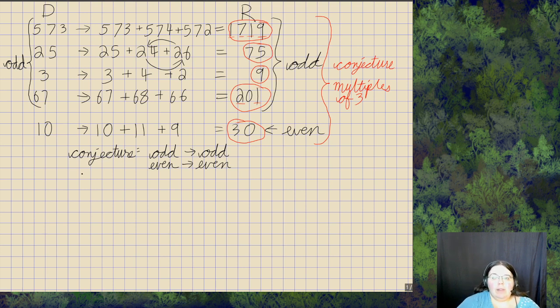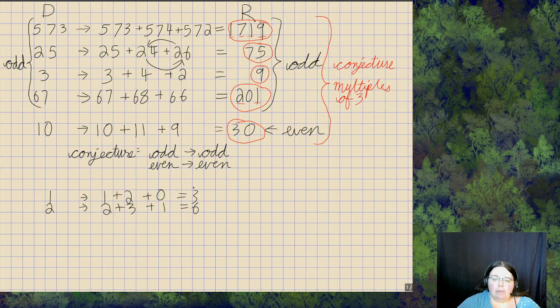Now, if there were only so many numbers, we could try just making an organized list. So like 1, well, let's see, 1 and 2 and 0 gives 3. That's a multiple of 3. 2, well, let's see, 2 and 3 and 1. 5 and 1 is 6. That's a multiple of 3.